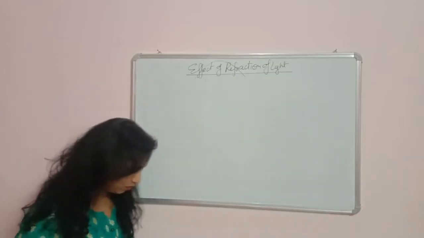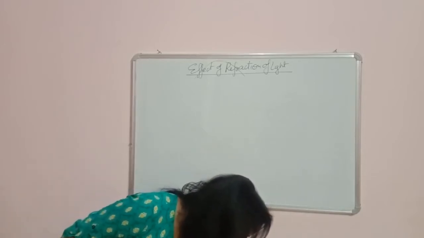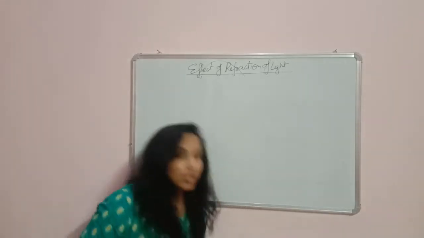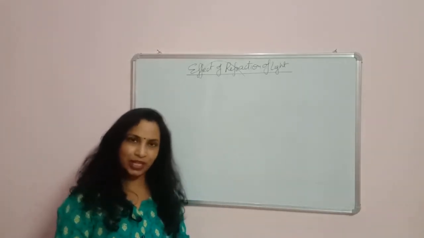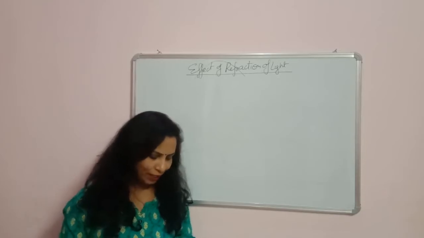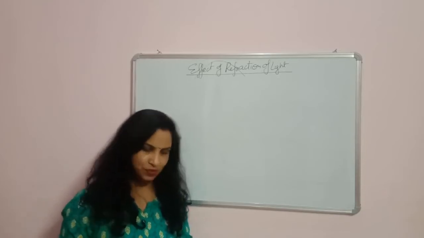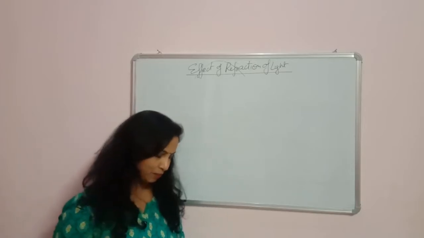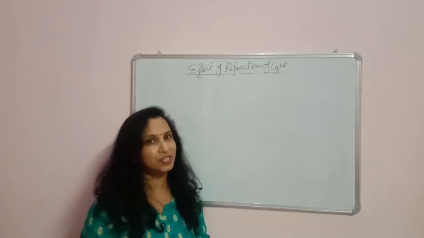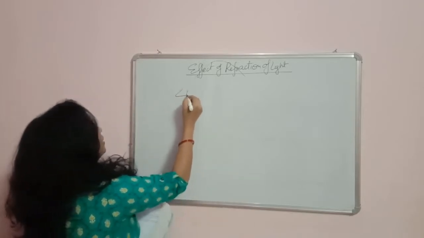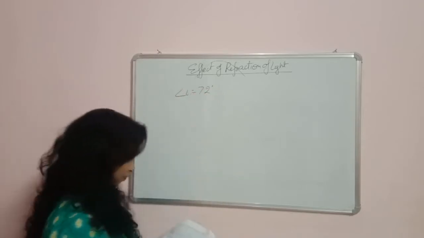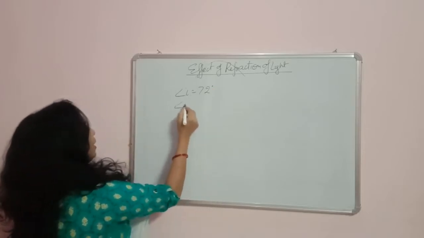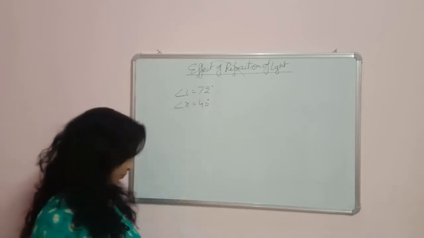A simple numerical question: a beam of light passes from air into the substance X. Again, you have to write the question in your notebook. A beam of light passes from air into the substance X. If the angle of incidence is 72, so I am writing angle i is equal to 72 degrees, and let the angle of refraction be 40, angle r is equal to 40 degrees.